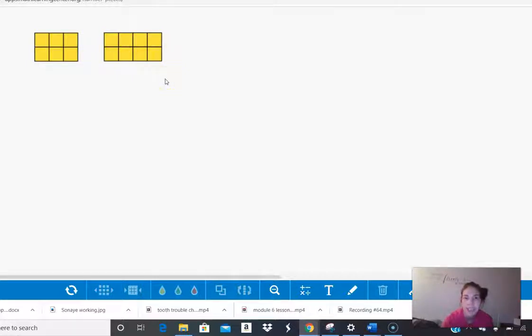So what we're going to explore is, if we add an even number to another even number, will we get an even or odd number? So I'm going to slide these over. I'm going to combine the two, and let's see if we end up with an even or odd number.